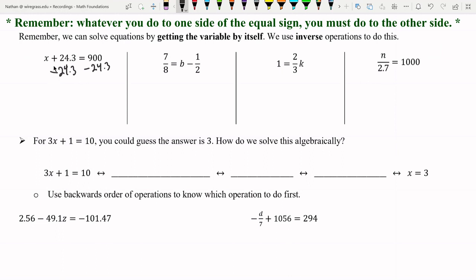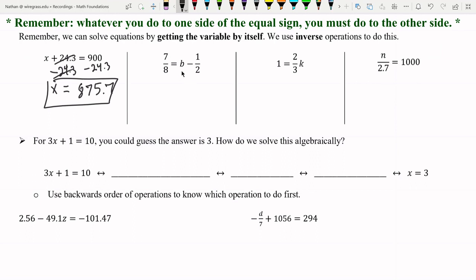Plus 24.3 minus 24.3, we're canceling that out. And so we get left with just 900 minus 24.3. And the calculator says that that's going to be 875.7. So that's what x equals.